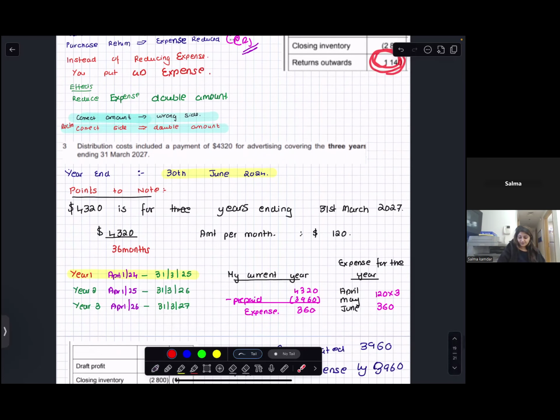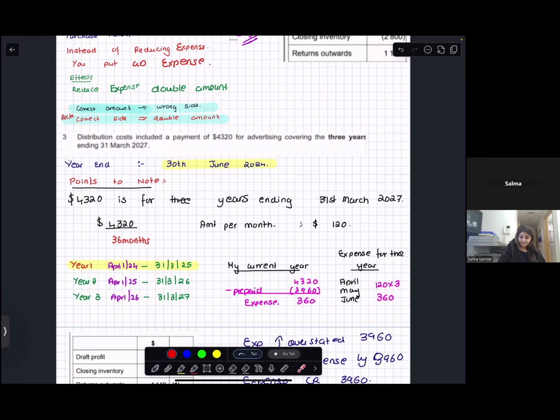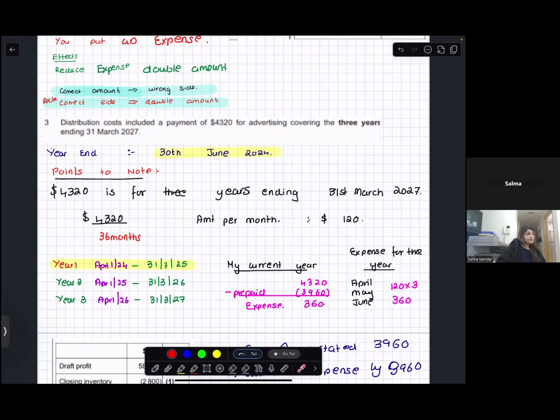Our third adjustment. Now this is a bit tricky. Distribution costs includes a payment of 4320. This was for advertisement for 3 years, and the 3 years is ending on 31st of March. Whenever you have some payments ending on some date, the first thing that you go and see is your year end.